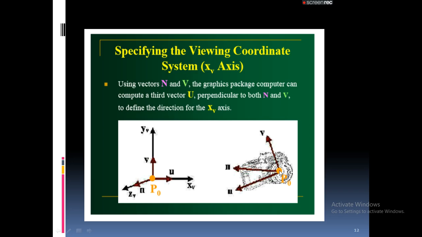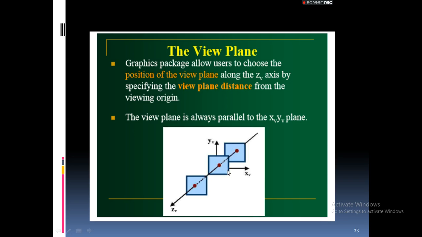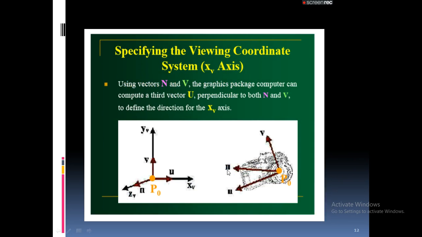From this origin, I calculated the z axis, x axis, y axis. So if you see this u, v, n, this u is x axis, this v is y axis, this n is z axis. So these are the four parameters I am supposed to specify when I locate the synthetic camera in our OpenGL program.